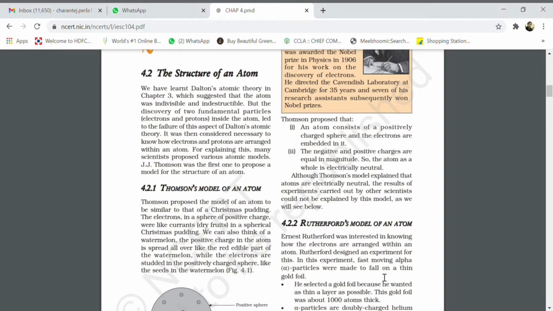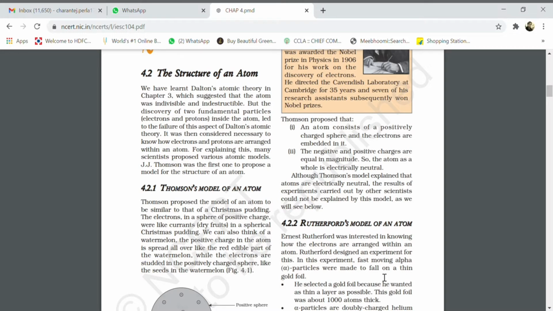The actual theory was that, according to Thomson, an atom consists of a positively charged sphere and the electrons are embedded in it. The negative and positive charges are equal in magnitude, so the atom as a whole is electrically neutral. This states that the negative charges and the positive charges are in the same number, which makes the atom neutral.